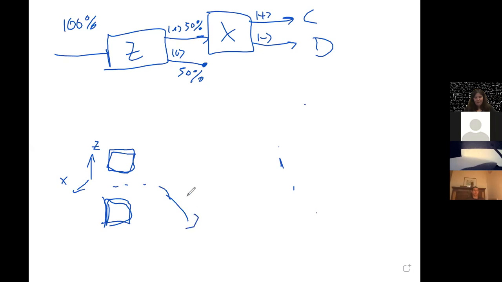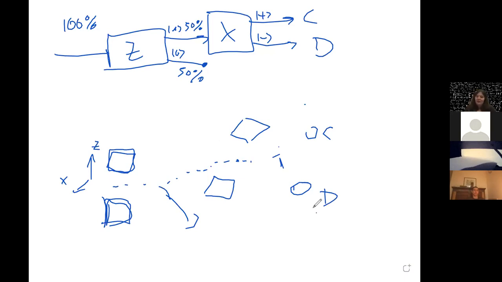These you put away, and then these you take in another apparatus, which now is in X direction, so on the plane. And now you want to look at what happens here in C and what happens here in D.